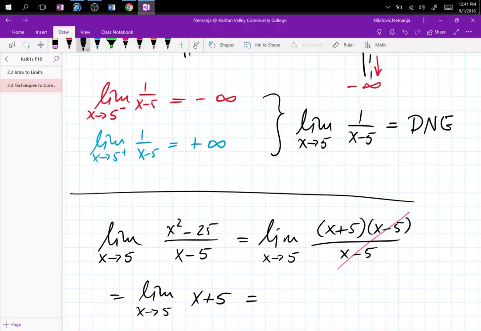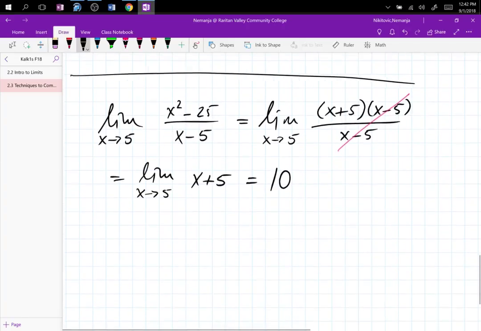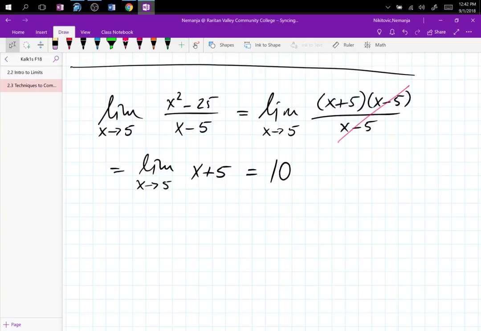Can we plug in now? Yeah. And what's the answer? 10. So what's the limit of x squared minus 25 over x minus 5 as x goes to 5? 10.